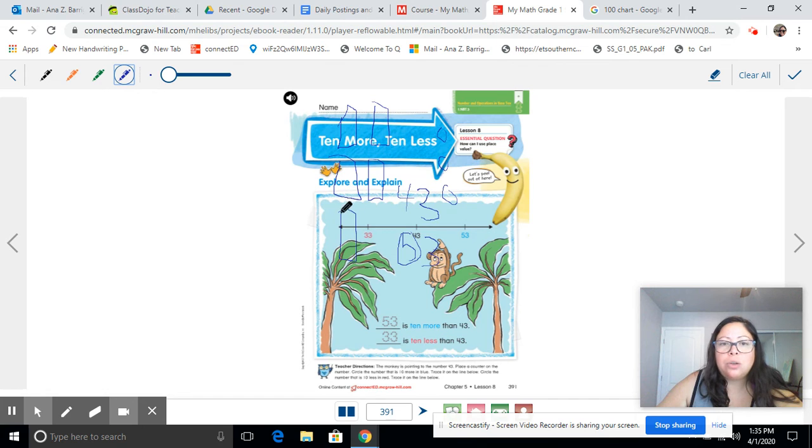And the same thing goes here. So if I were to use my eraser here, let's see if I can get that to erase. Let's clear it all. And it doesn't want to.